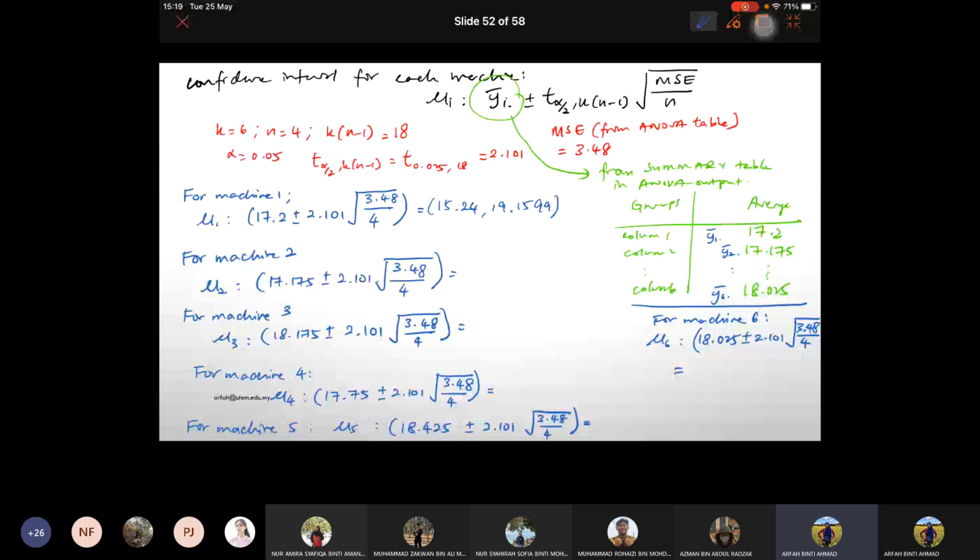So the second one berapa? Min yang kedua for machine tu. 15.2153 dan juga 19.1347.